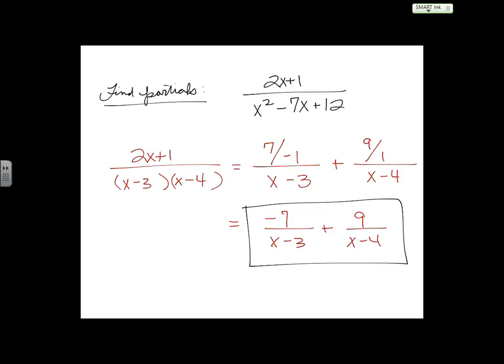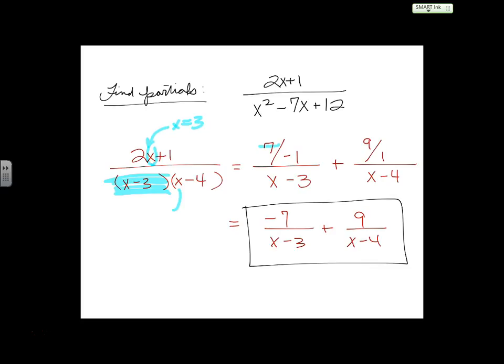Real quick, for those of you who did not follow that at all and didn't know how to start. As we cover, let me cover with a lighter color so we can still see it. As we cover x minus 3, what do we plug into x? We plug in the 0, x equals 3. What's 2 times 3 plus 1? 7.